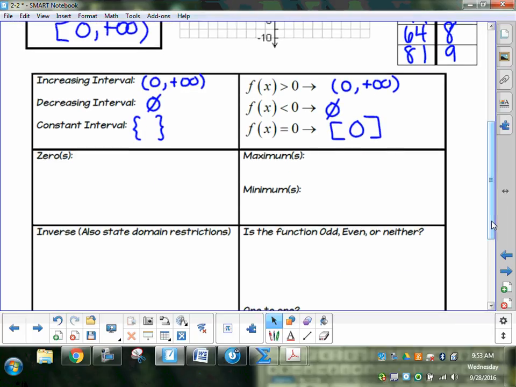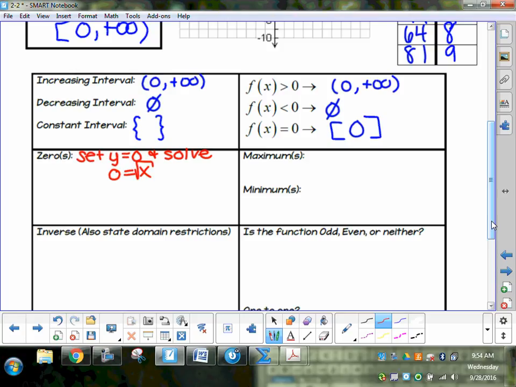And if you have to find them algebraically, you would go through and set the y equal to 0 and solve. So this would be 0 equals radical x. What do I have to do to both sides to solve? Square both sides. Now 0 squared, if you need the calculator, go use it.